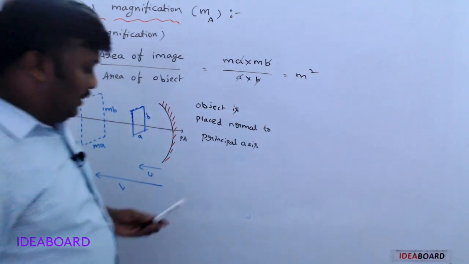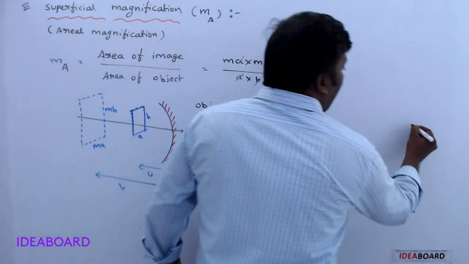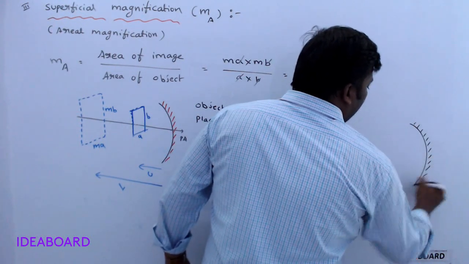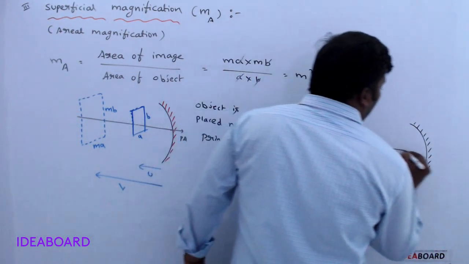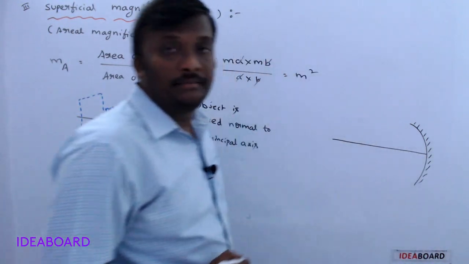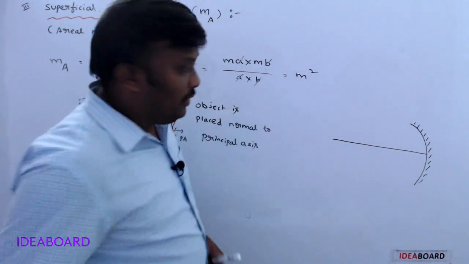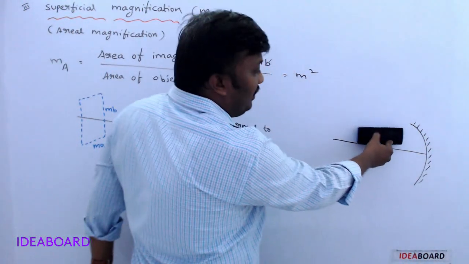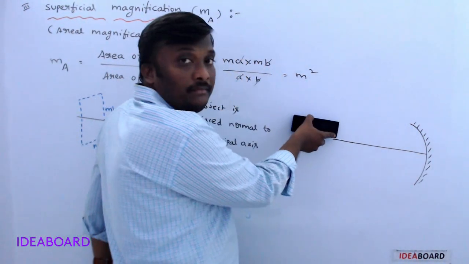Now suppose the object is placed parallel to the principal axis, meaning your object is placed like this. Then the image is also formed in this way.